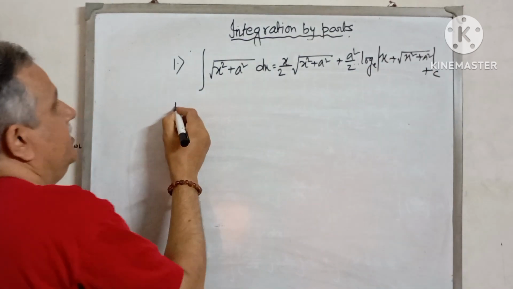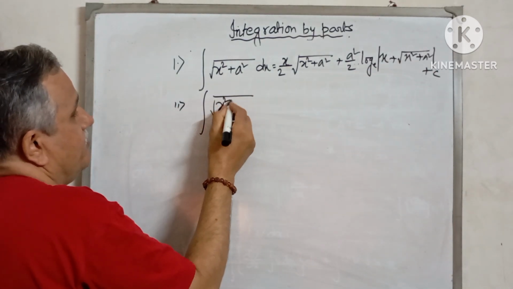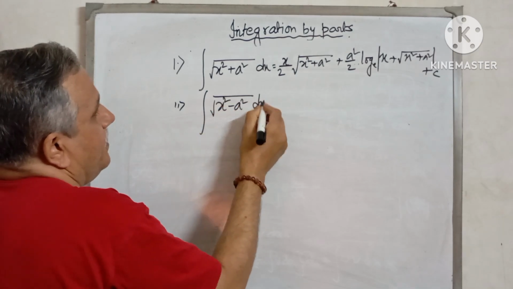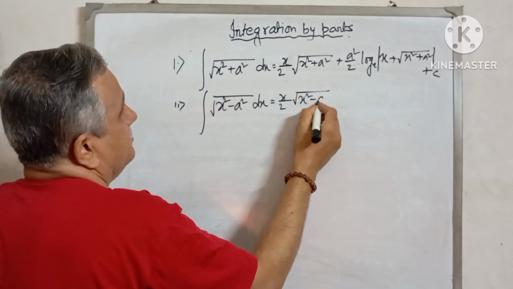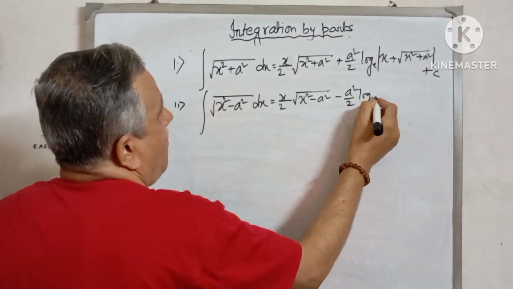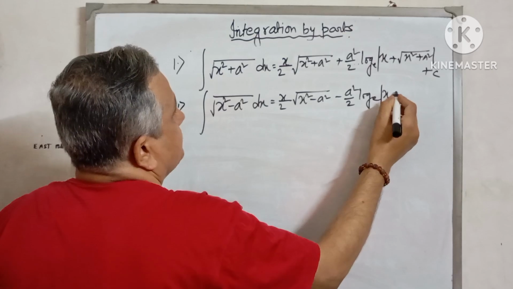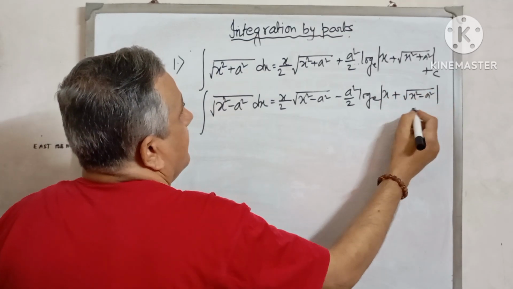Number 2, integration root over x square minus a square dx is x by 2 root over x square minus a square minus a square by 2 log x plus root over x square minus a square plus c.